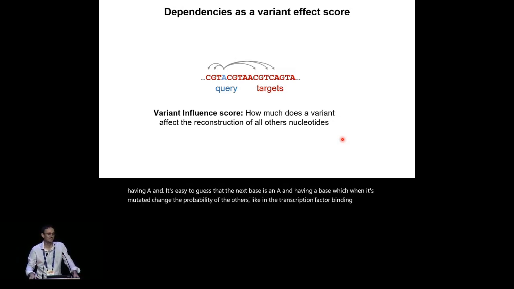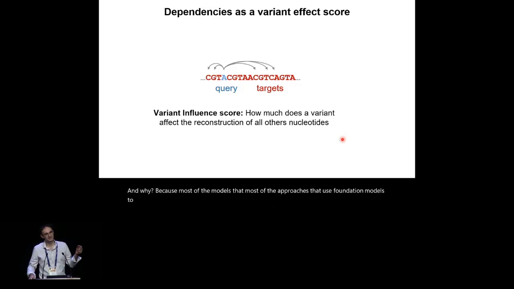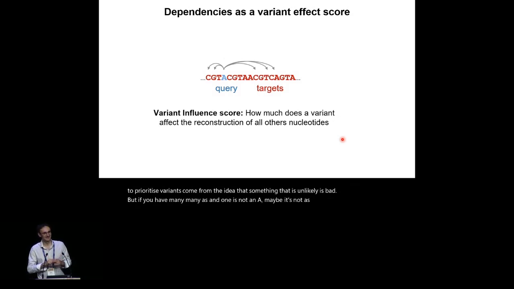This contrast we thought could be interesting to leverage. Why? Because most of the approaches that use foundation models to prioritize variants come from the idea that something that is unlikely is bad. But if you have many, many A's and one is not an A, maybe it's not as bad as if you have a transcription factor binding site and one of the letters is not the right one. So being easy to guess doesn't mean it's important, but having a huge influence on the reconstruction of the other bases may be more important.